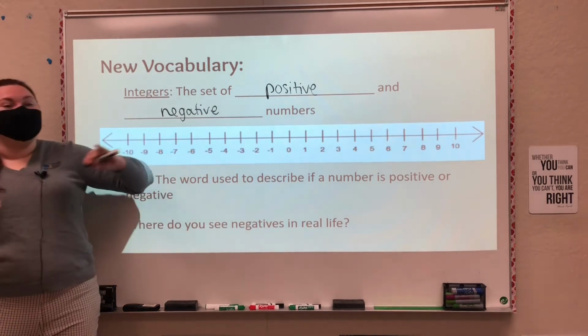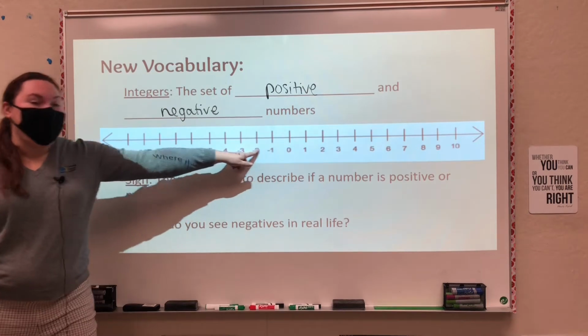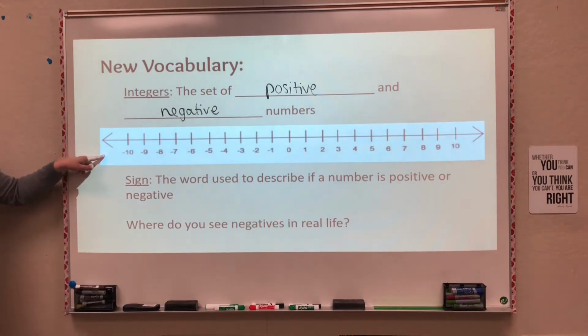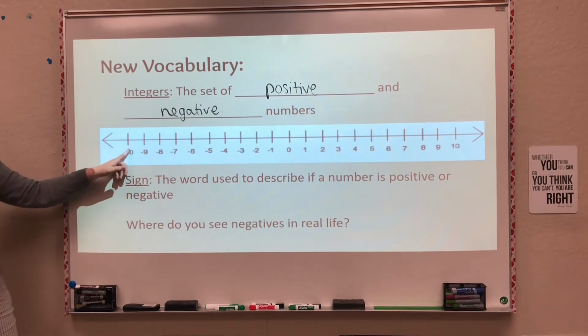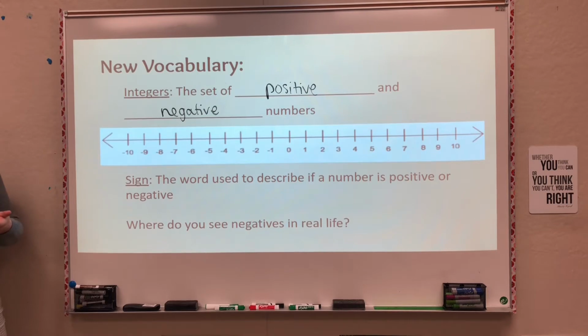Negative numbers are not going anywhere. If you think about a number line, negative numbers are half of the numbers we have in math. So as we move forward into pre-algebra and algebra, you're going to see negative numbers all the time. So we really want to focus on getting you guys confident with how you do math with negative numbers. Make sense?